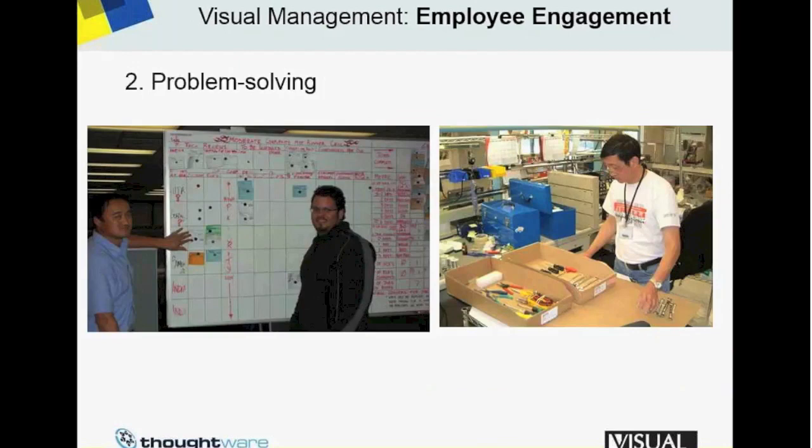Problem solving, the second part of employee engagement, says that once waste is exposed, employees need problem-solving techniques to resolve. Things like 5 Whys, flip chart management, A3s, Kaizen, huddles, obeyas, hajunkas, standard work, scorecards, accountability descriptions.